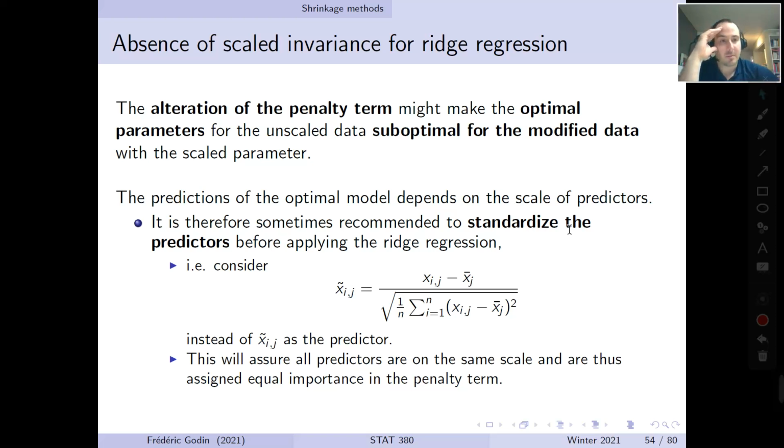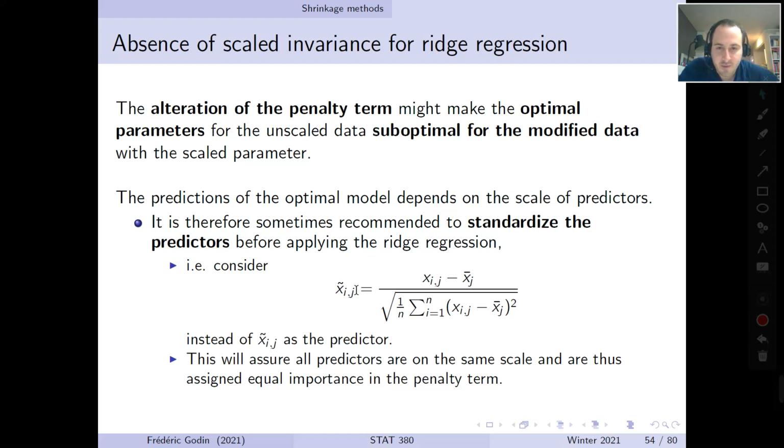We mean that before applying a ridge regression, instead of taking original predictors, people use scaled predictors, which is the following. They take, for example, x_ij, the ith observation for predictor j. So they subtract its sample mean and they divide by the sample standard deviation for that variable.